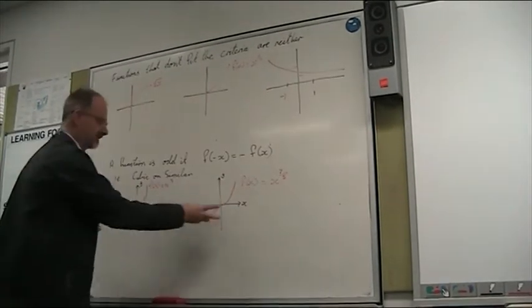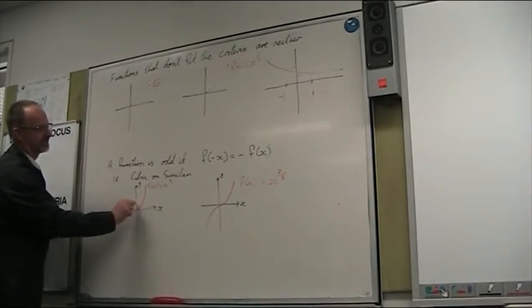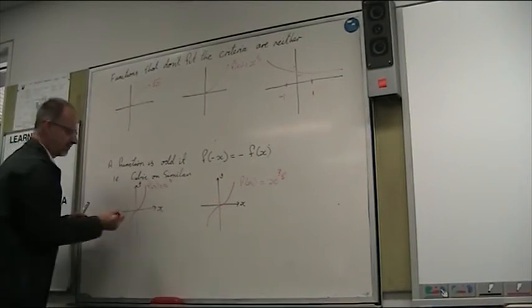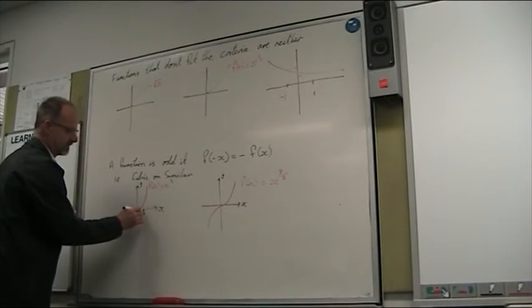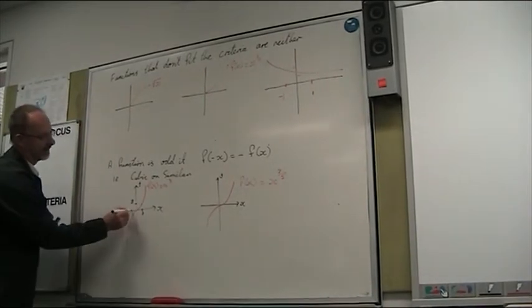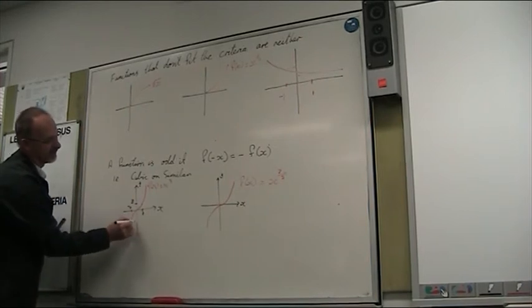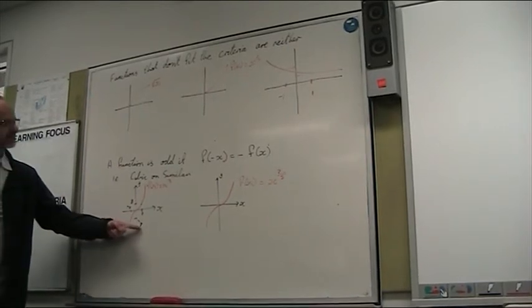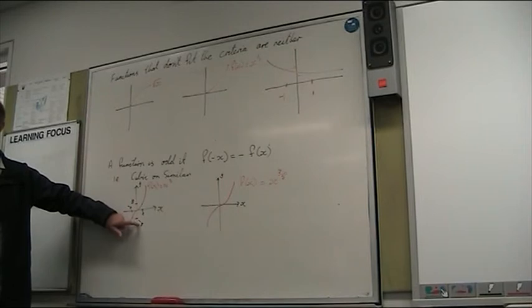And for the odd ones, the y value is the same size, but negative. For example, on this x cubed, that's a 2. 2 cubed is 8, and -2 cubed is -8. So the y value is the same size, but negative.